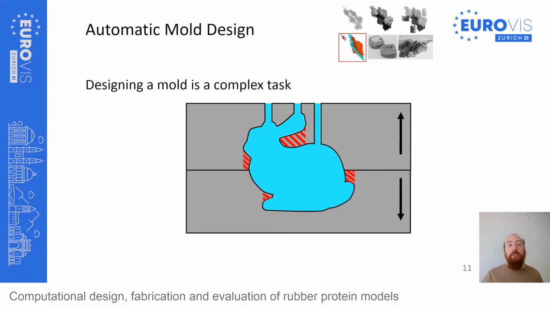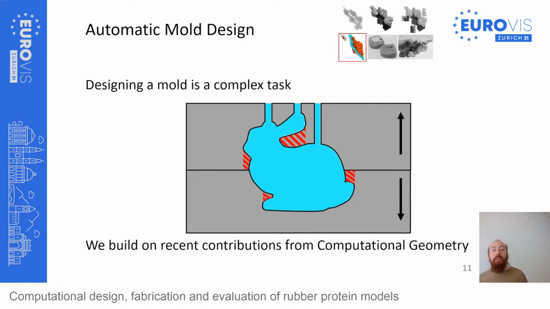Undercuts are these areas that are highlighted in red here: if you consider the extraction direction of the mold parts, in the undercut volume, in the undercut surface, the mold gets stuck into the object, and so it will be hard to release it without damaging the object or the mold itself.